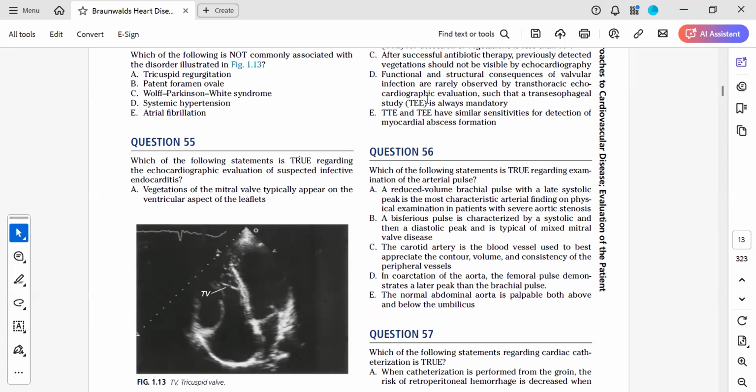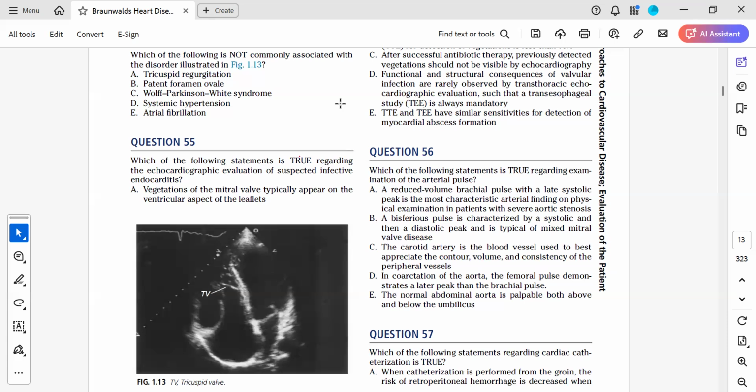So for these patients, because of the poor coaptation, even though there's no Doppler, option A, tricuspid regurgitation, is true. Option B, patent foramen ovale, there's an interatrial defect that it's there. But of course, there's no color Doppler to objectively confirm that.